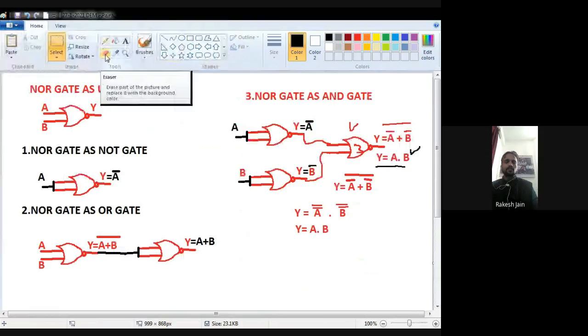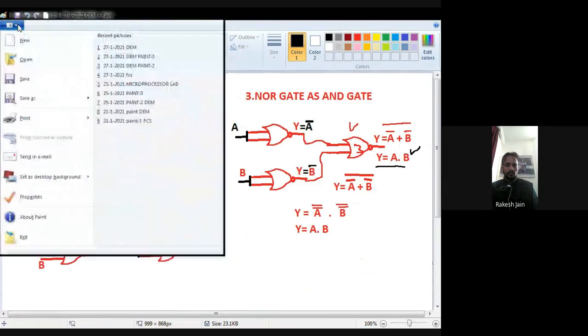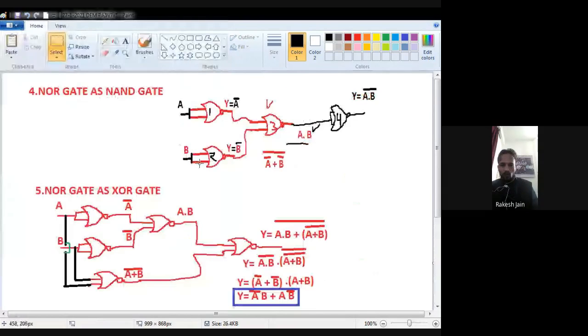So I told you once again, I am going to show you all the three slides. In the first slide I told we start the topic NOR gate as a universal gate. So first we convert NOR gate as a NOT gate by connecting both the inputs together. Then in the second, NOR gate as an OR gate circuitry, we use two NOR gates.